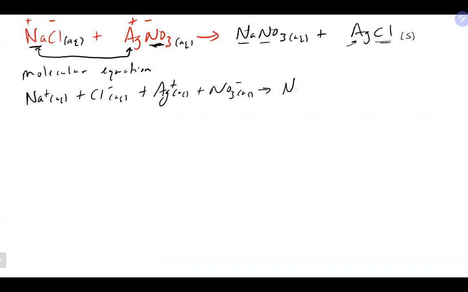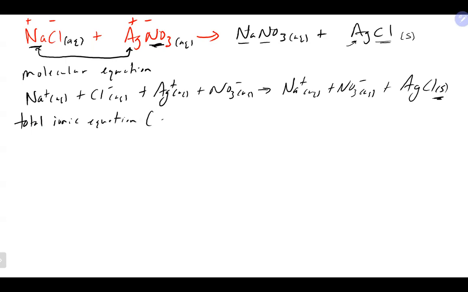The sodium nitrate will break apart. And remember that when you write this type of equation, anything that is a solid, a liquid, a gas, or a weak electrolyte, you would keep together. So in this case, we would keep together the silver chloride as it is a solid. This is what is sometimes referred to as the total ionic equation, or complete ionic equation, sometimes people call it.